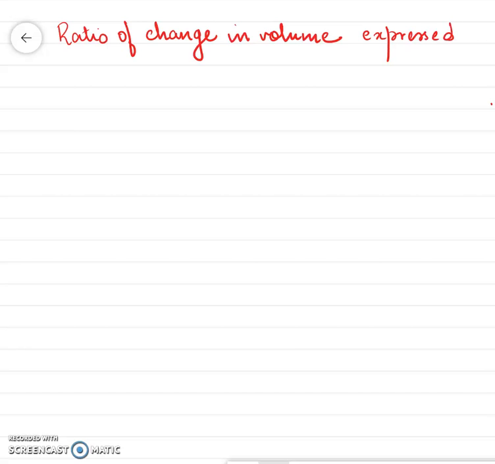It is defined as the ratio of change in volume expressed as percentage of dry volume.